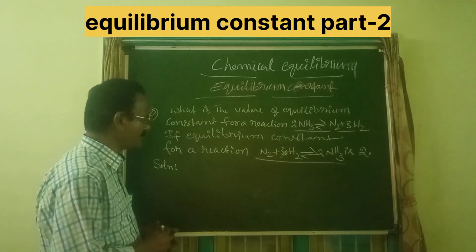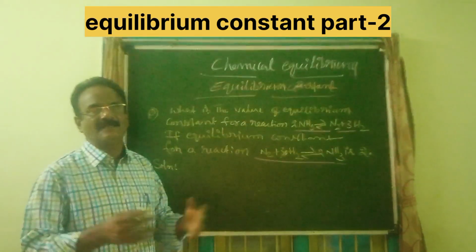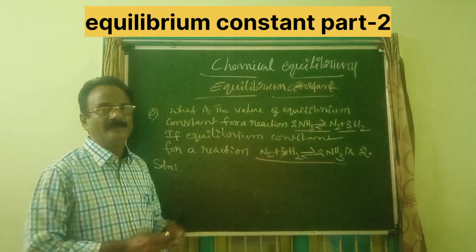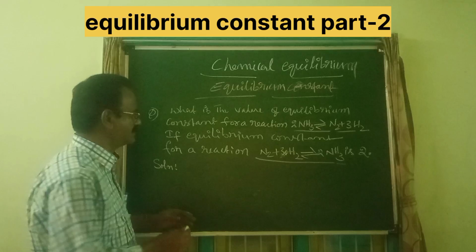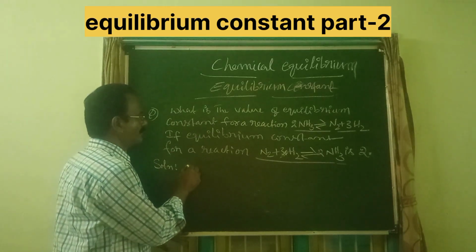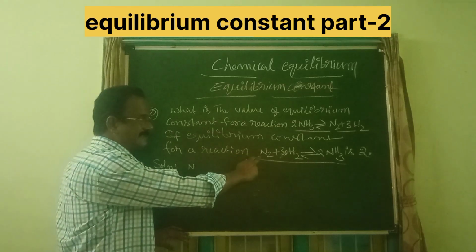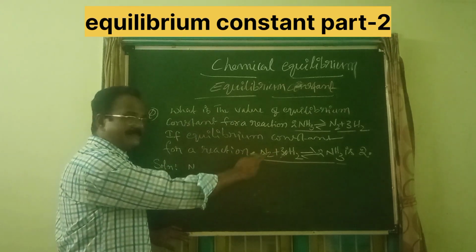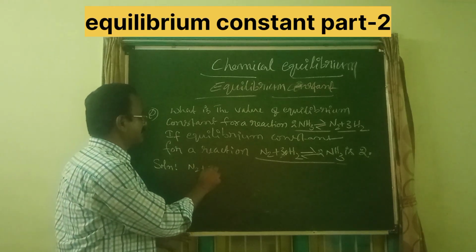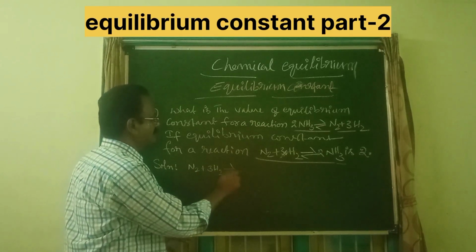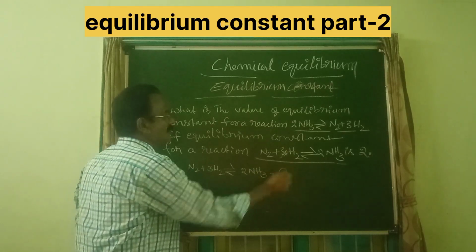As we have solved in the general example problem, we can also do it for this. Let us pick up the equations at first. The equation given in the problem, we take as equation 1: N2 plus 3H2 gives rise to 2NH3. This is equation 1.